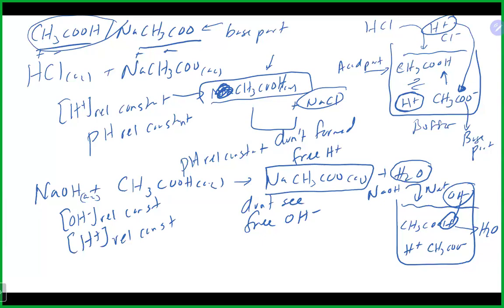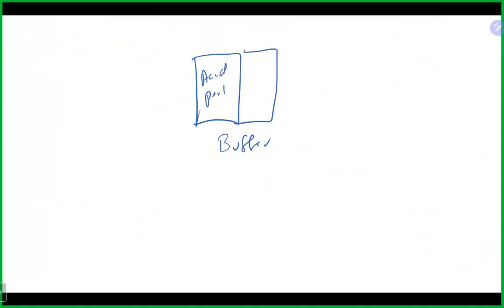There is a limit to how good a buffer can work. You could actually blow through a buffer if you add too much acid or too much base, because when you have a buffer, you have your acid part and base part.